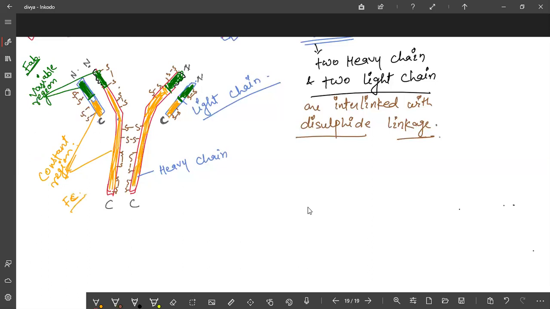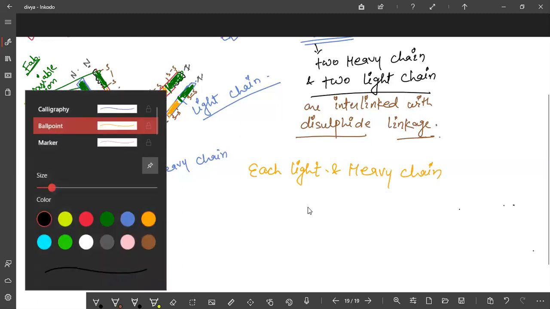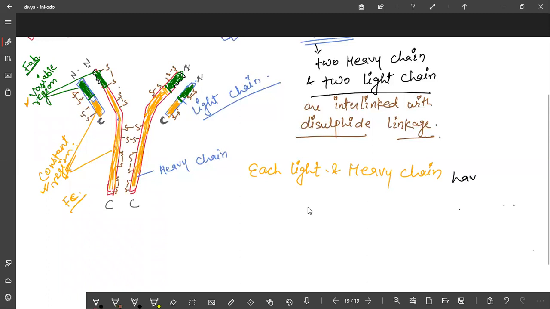So this is constant region and this is variable region. So you can write that each light and heavy chain has two regions. One is called variable region and another is constant.